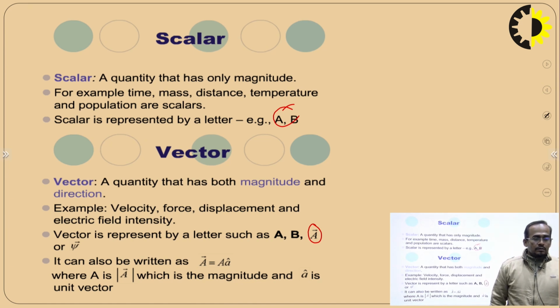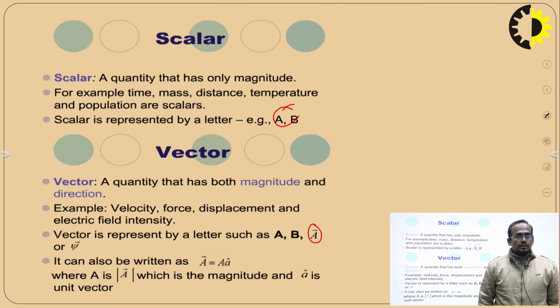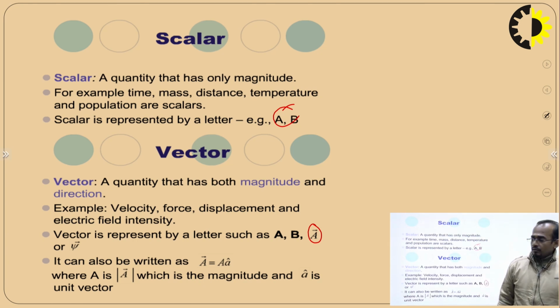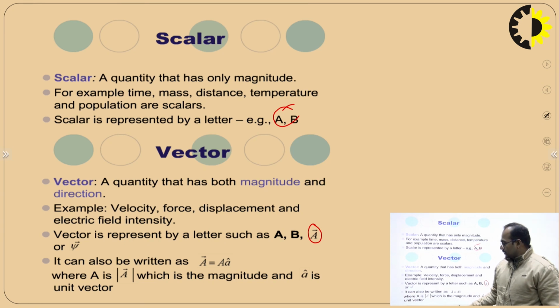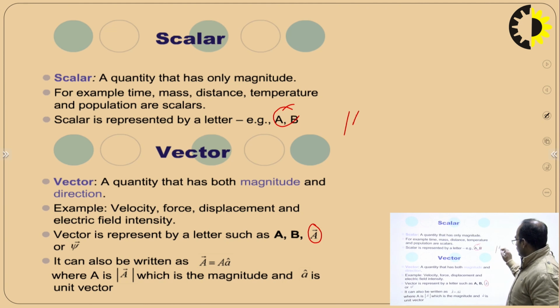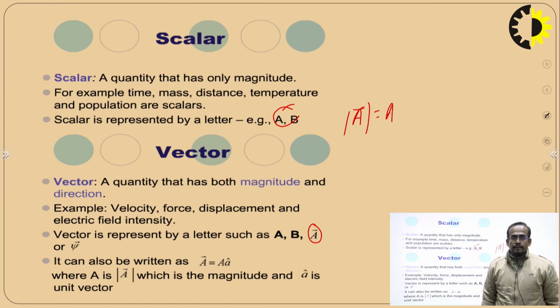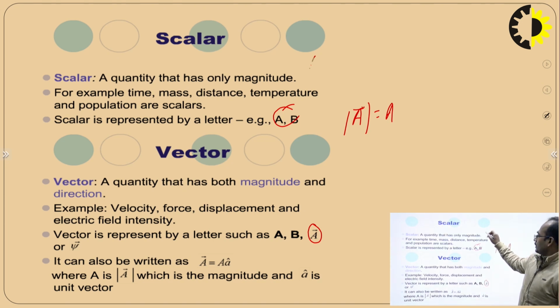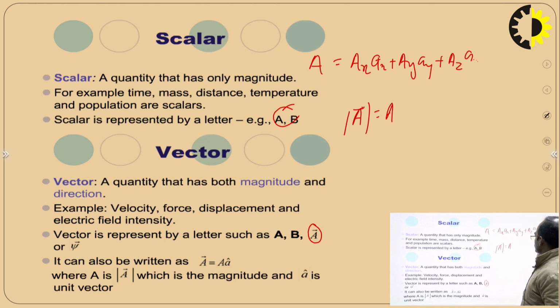So we can write this as a magnitude multiplied by the unit vector, where the magnitude of vector A is nothing but A. If a vector in the x, y and z directions is given like this: Axax plus Ayay plus Azaz, then what will be its magnitude?